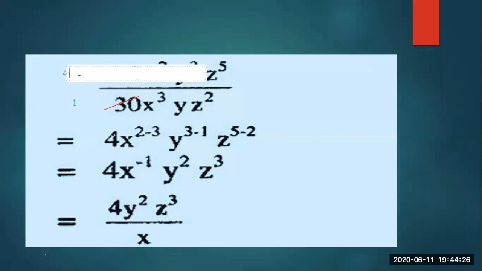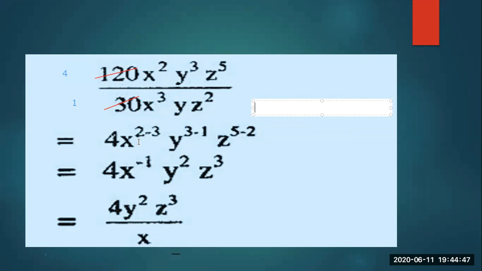So I have cancelled both of them. In the next step, I'll write 4x raised to the power.